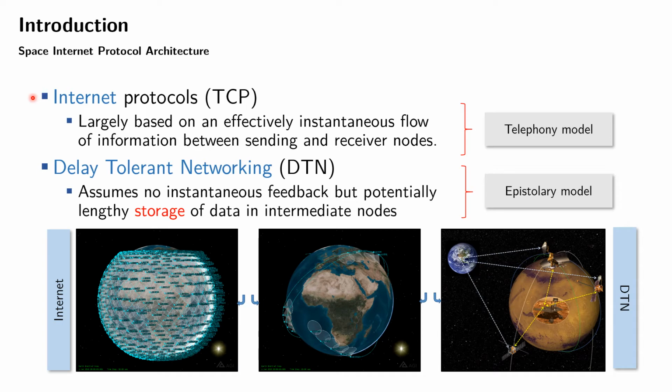If we look at classical mega constellations, shown here on the left, nodes tend to have quite a stable connection. It's dynamic in the sense that the pair of nodes that are connected at a given moment evolves in time.